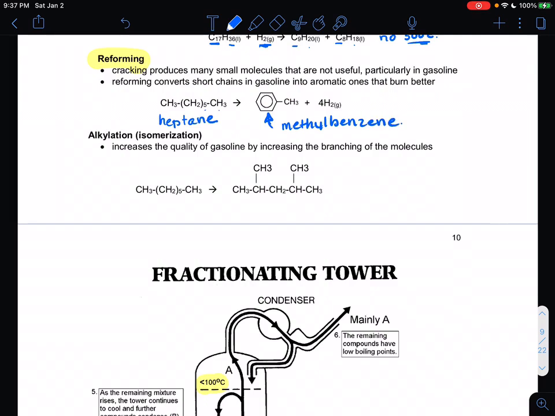Now, if you recall, the formula for benzene is C6H6. So what happens here is you produce a whole bunch of hydrogen gas as a result, because forming that benzene ring releases a lot of hydrogen.